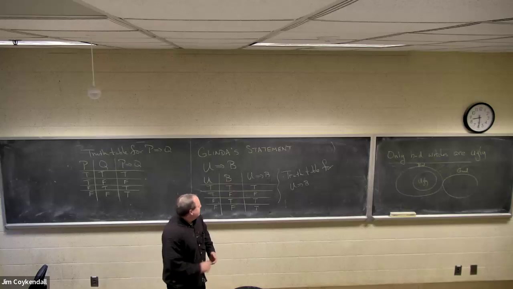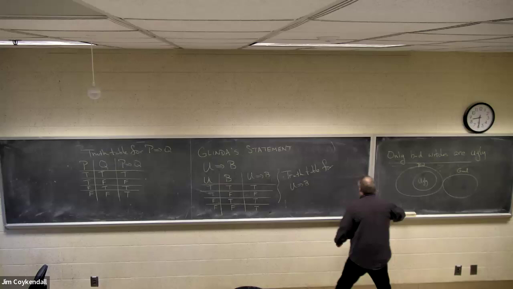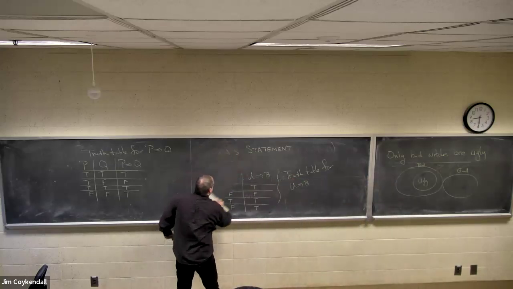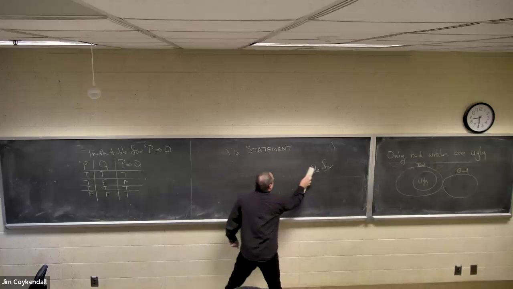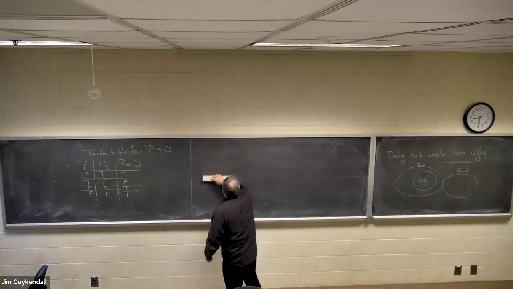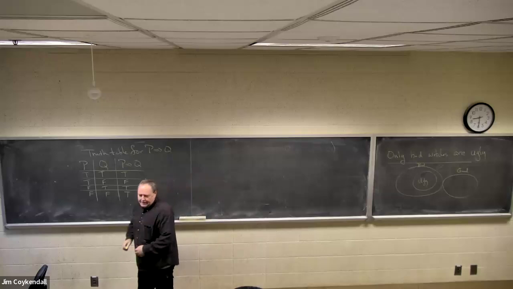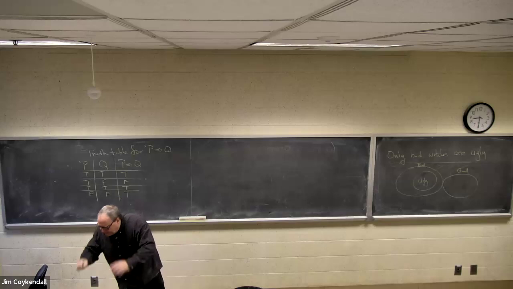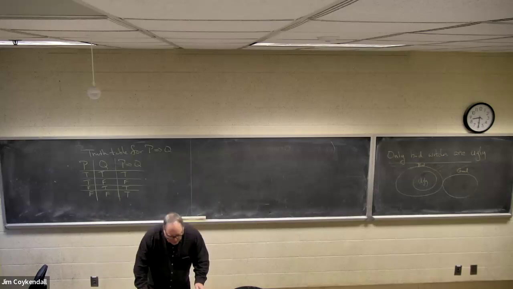Let me once again examine this truth table for P implies Q over here. And this is actually one of a number of proof methods that we're going to talk about. Let me give you a very silly example to simply show a proof technique here.